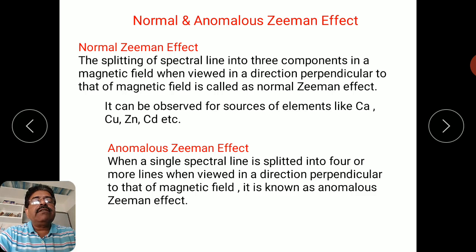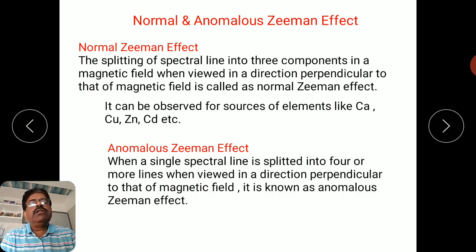It is observed that some elements show lines split into 4, 5, 8, 9, whatever it may be, depending upon the kind of source that you have used. And the anomalous Zeeman effect does not need a very strong magnetic field. It can be observed even in a weak magnetic field.